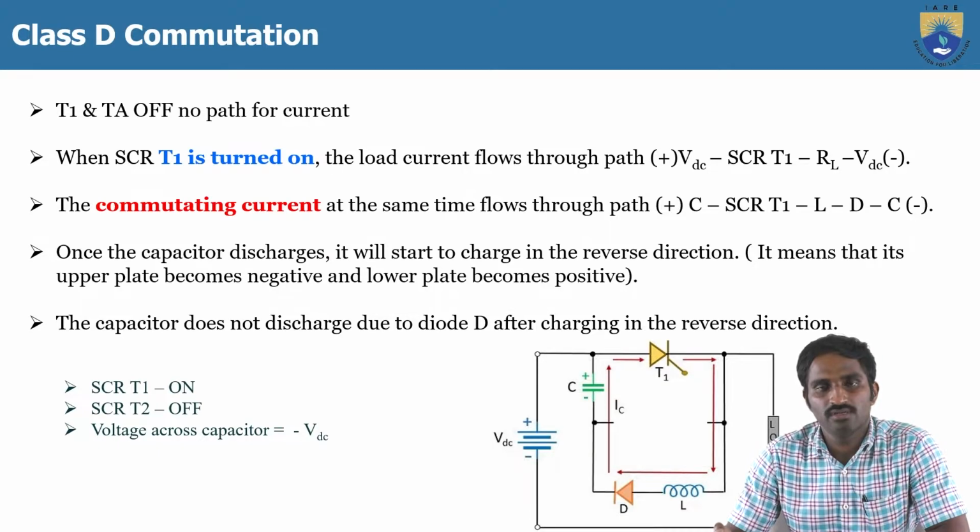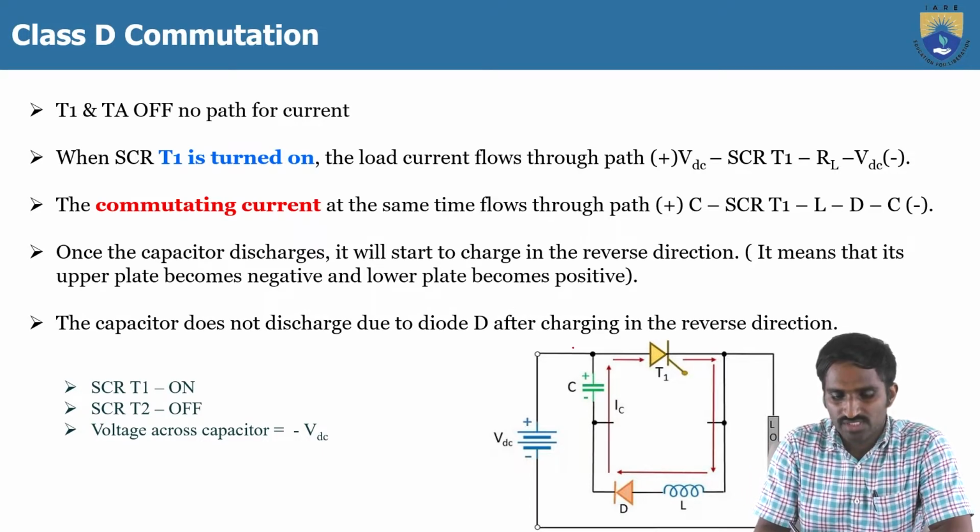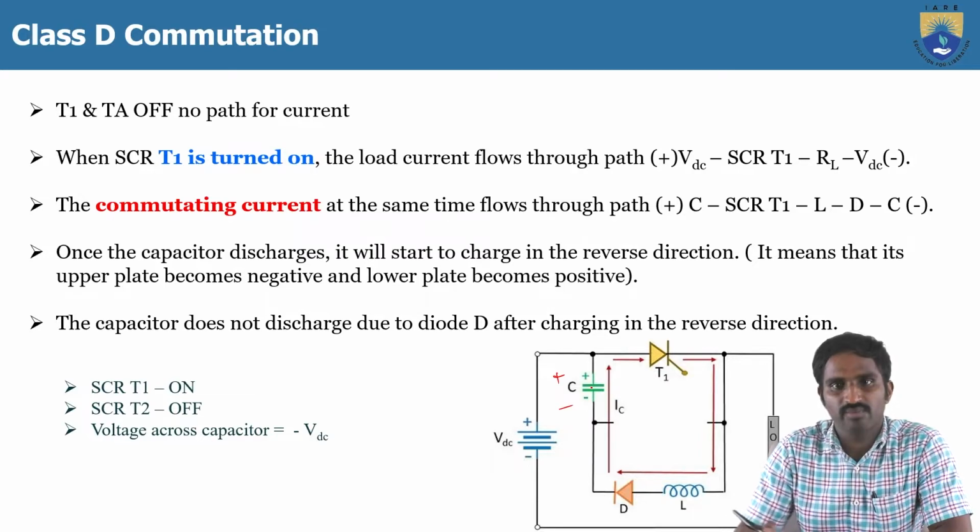When both thyristors are turned off, as per the assumption, the capacitor is fully charged by the voltage VDC, with the capacitor terminals plus and minus as shown.